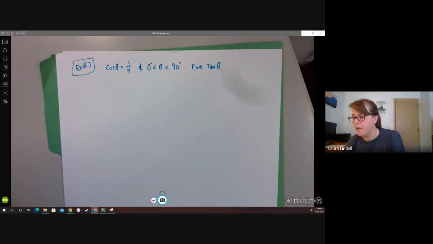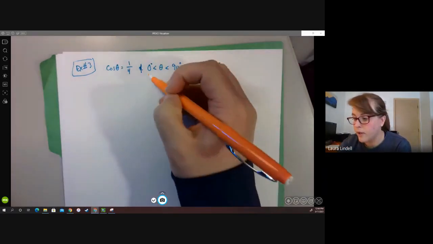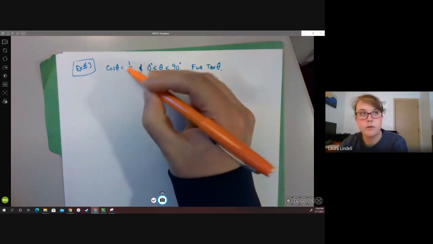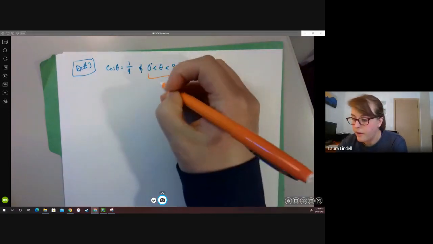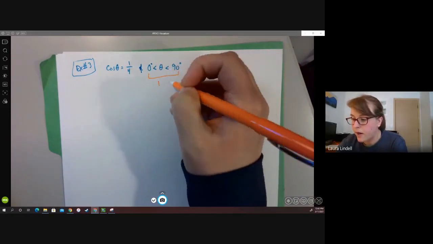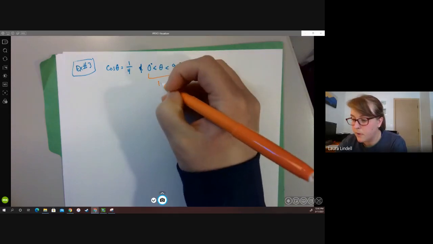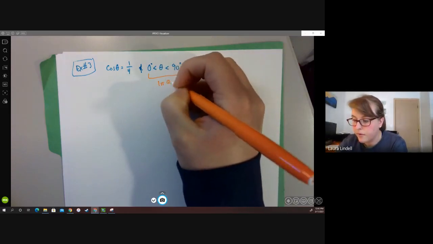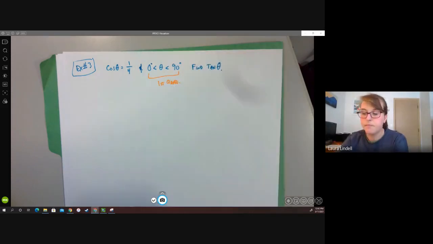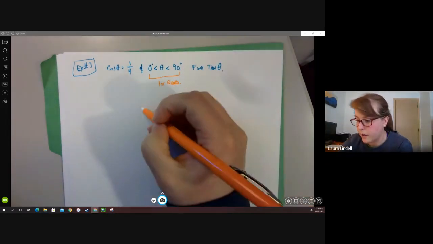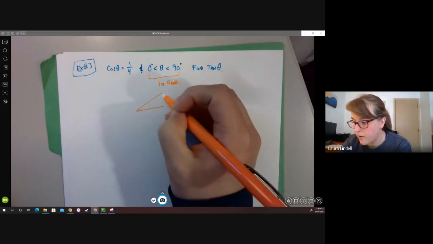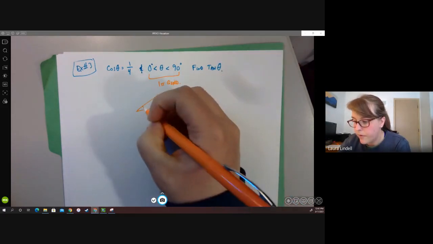So the information that we're given here is that if we're dealing with a right triangle, for example, with cosine being 1/4, then 0 and 90 being what our angle is between means we're working in the first quadrant. So if I draw a generic triangle in the first quadrant here, here's theta.